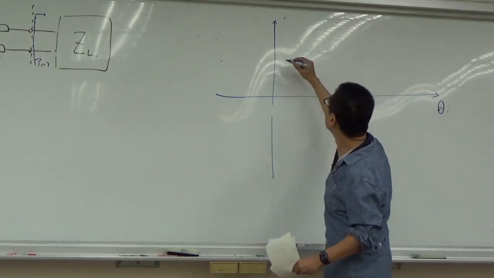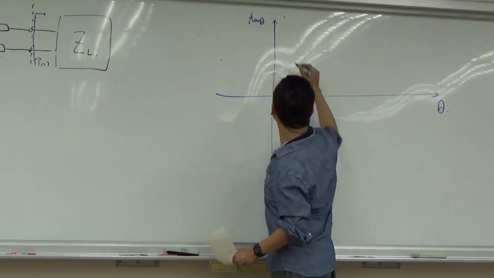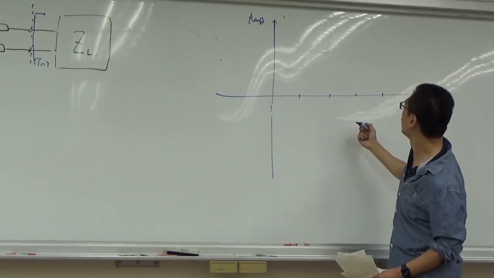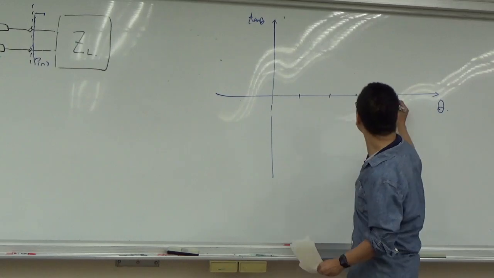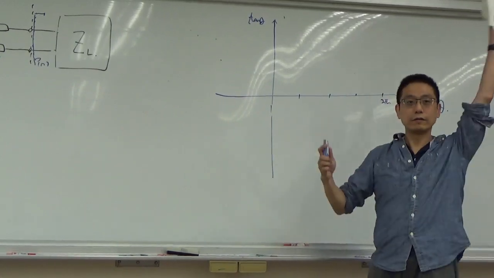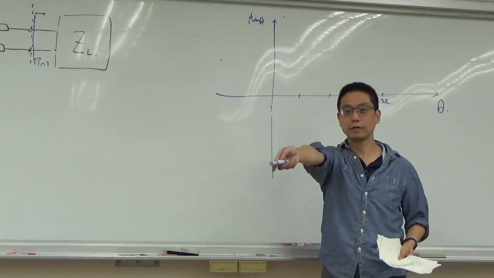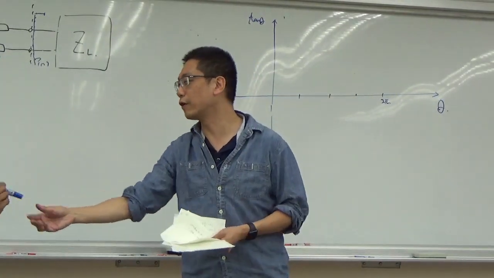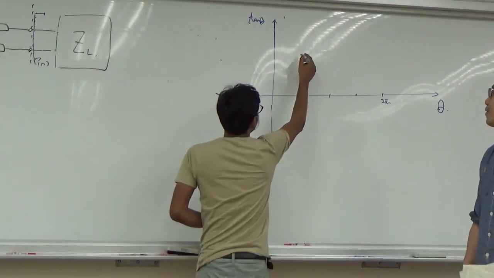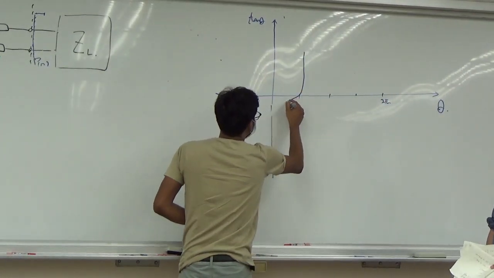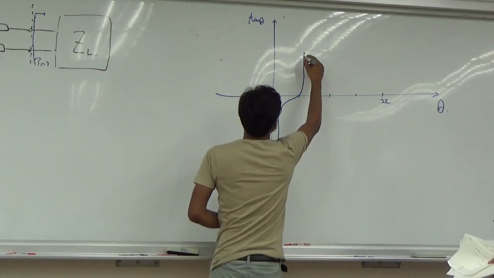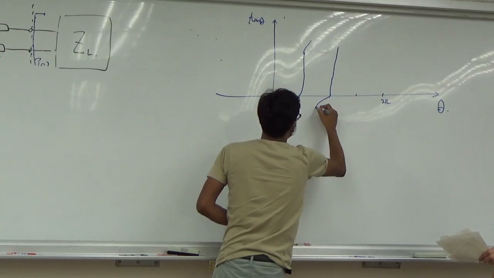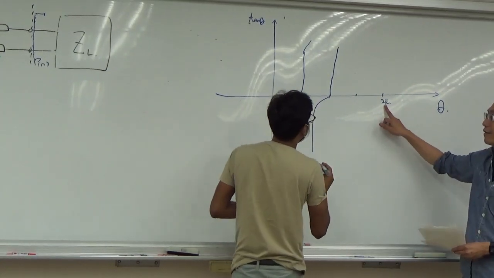Theta, tangent theta. 1, 2, 3, 4, and this is 2 pi. Anyone? Raise your hand. Please draw it beautifully, because the video is up. I mean, very beautiful. This is 2 pi. Are you sure?